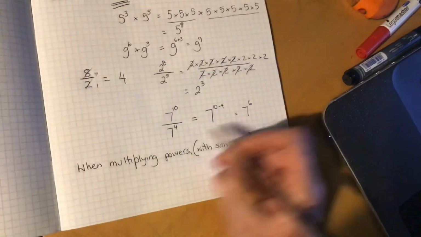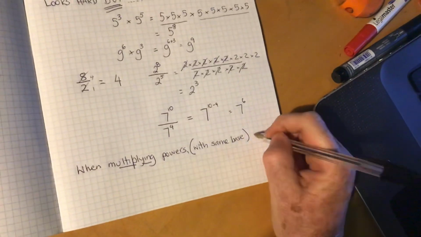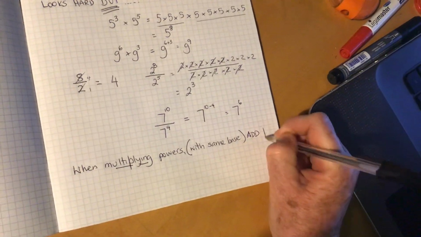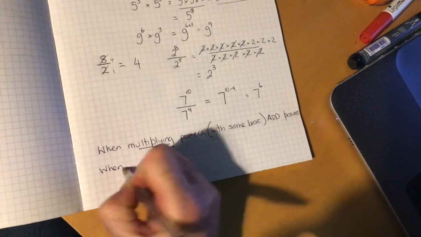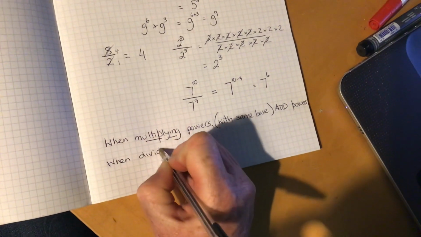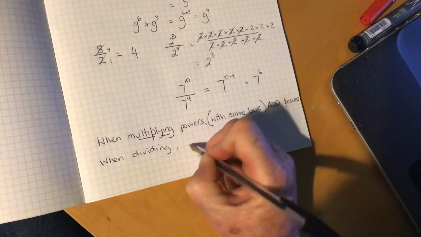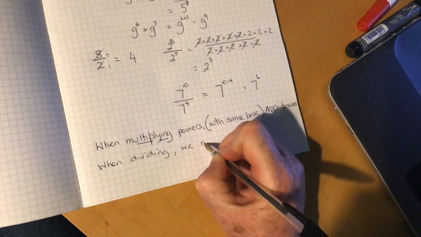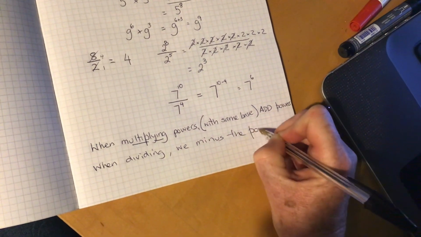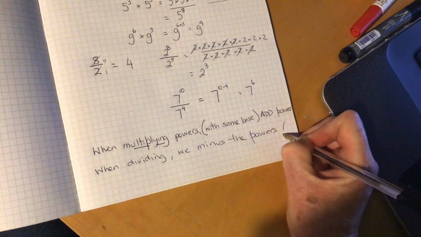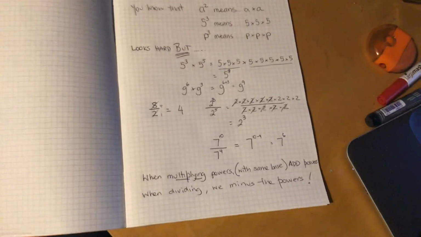When multiplying, we add the powers. When dividing, we minus the powers. There we go. And that is the key for today's lesson.